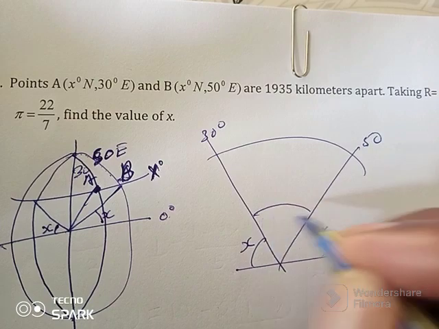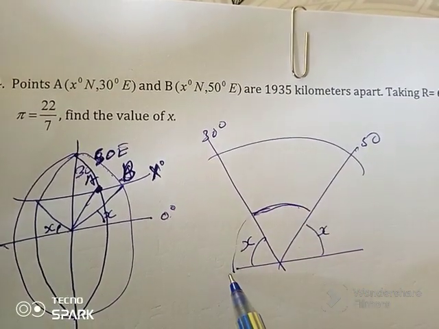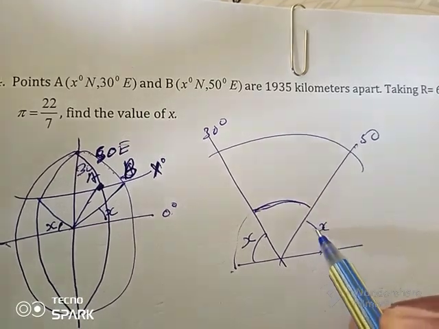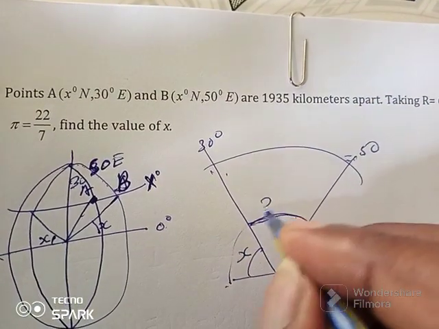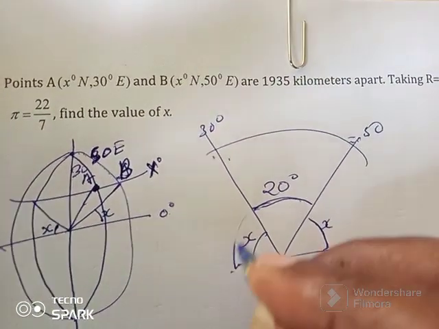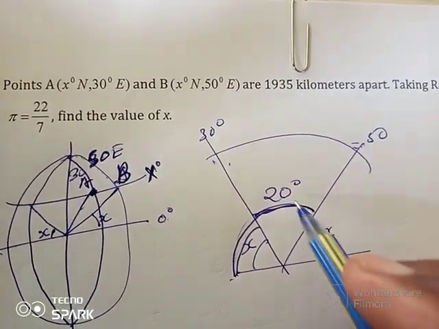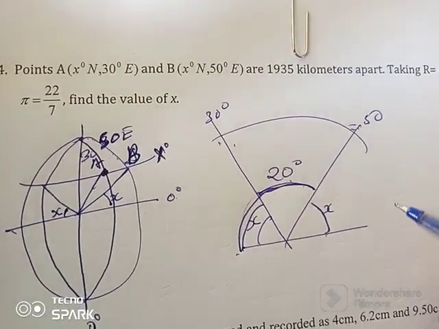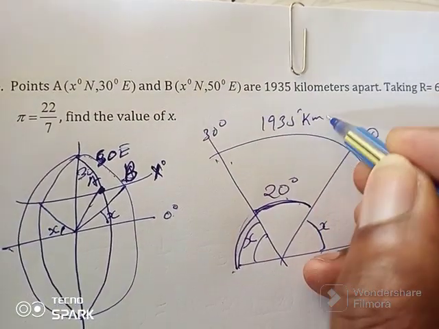Because this all counts from the equator, from the same direction, we subtract the 2 to get the angle between them. If I count from here, go to 50, and go to 30, the difference between them is just 20. Then we are told the distance between them is 1935 kilometers.